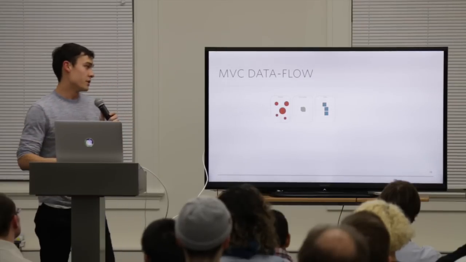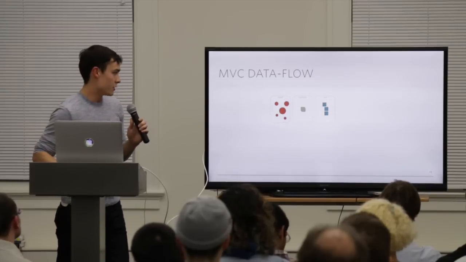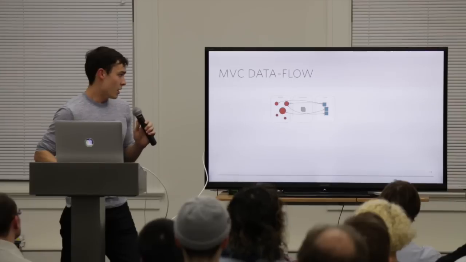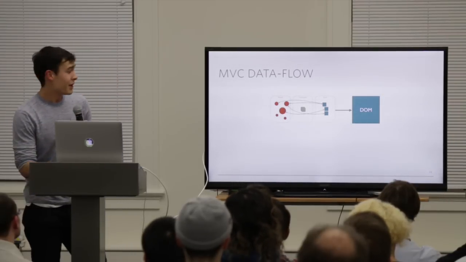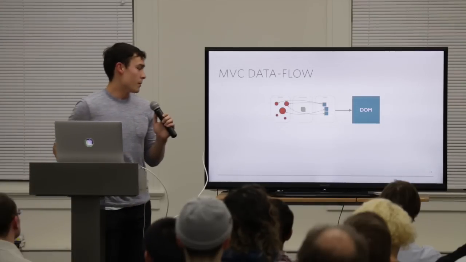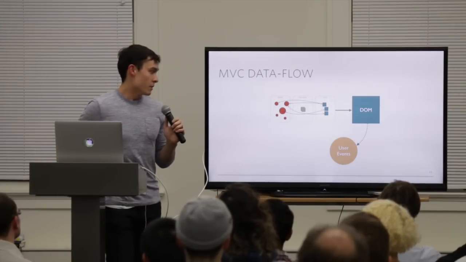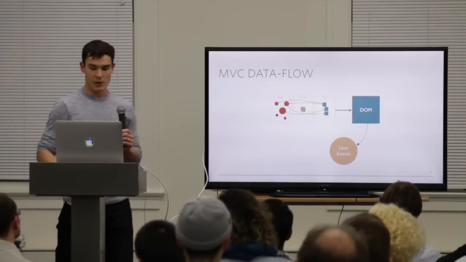Let's actually look at what this means in practice. If we have an MVC structure, let's add back our relationships, and we produce an initial rendering of our application. We can apply some event handlers to our DOM, and then we'll get some user input sometime in the future.